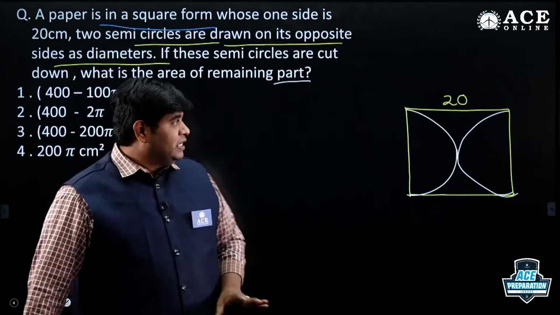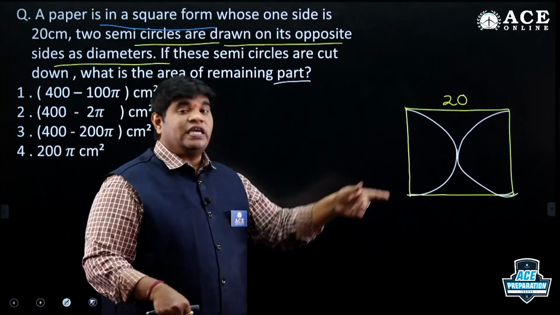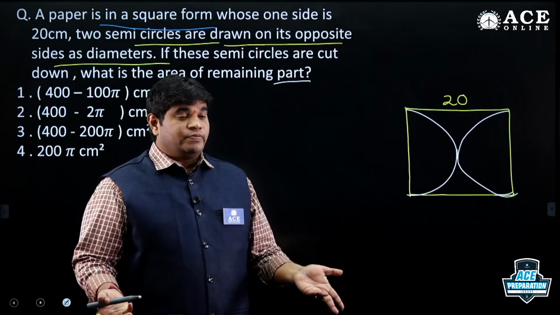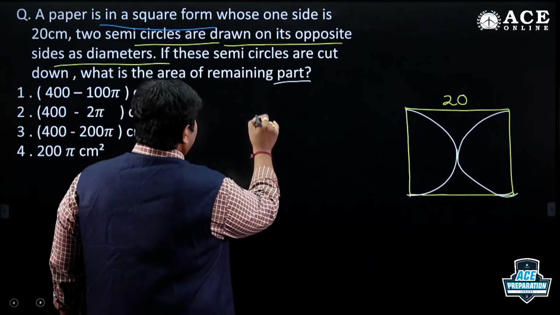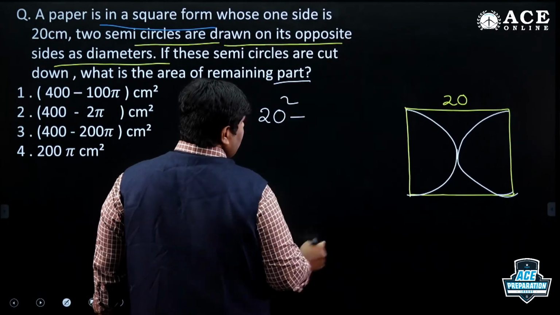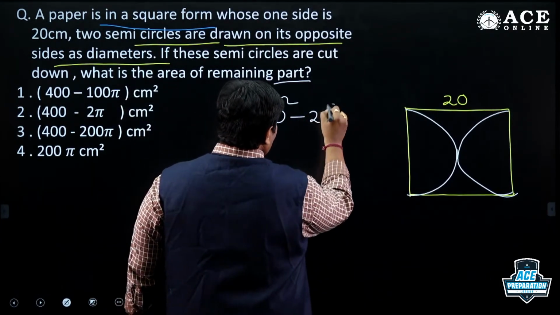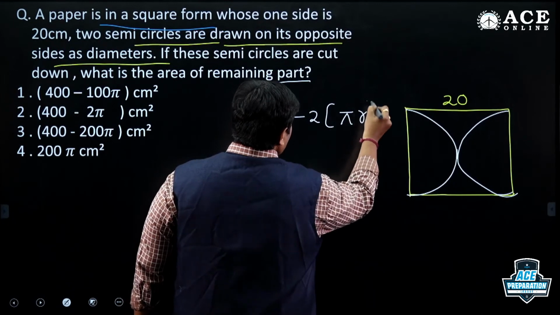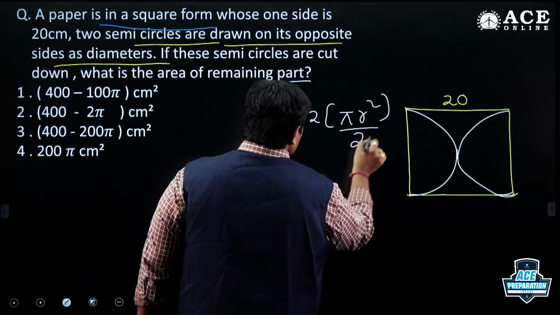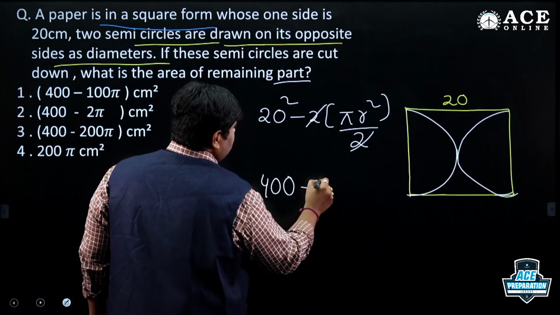Simple logic, friends. The complete square area minus the semicircles' area. So the square area is 20 square, minus two semicircles, 2 into pi r square by 2. So the 2 cancels. 400 minus pi.